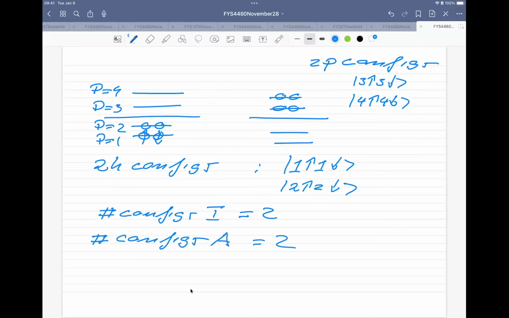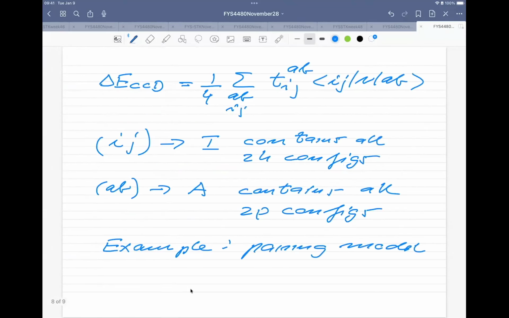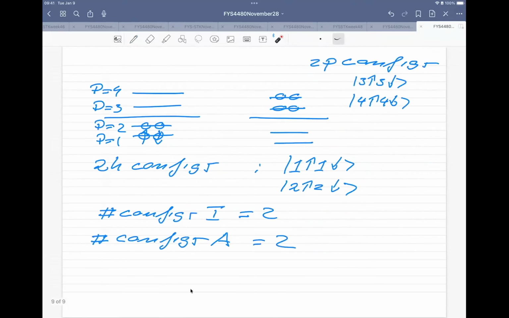So if you go back to the equation then, to this one, I can now rewrite this equation here as a matrix multiplication. I can define a matrix T, which has indices I and J and AB. So that means that my T, IJ, AB becomes now a matrix which I call TIA.